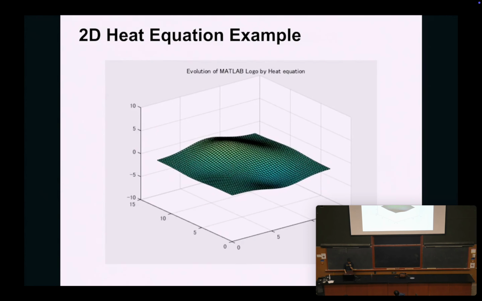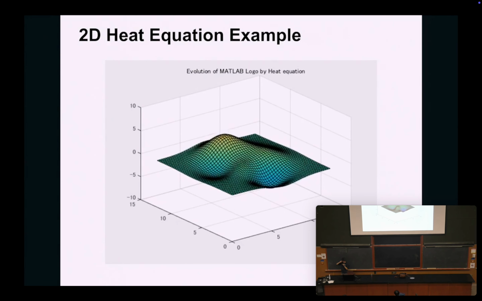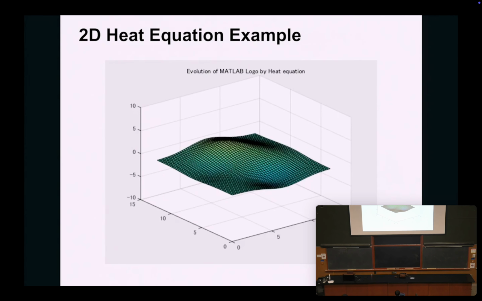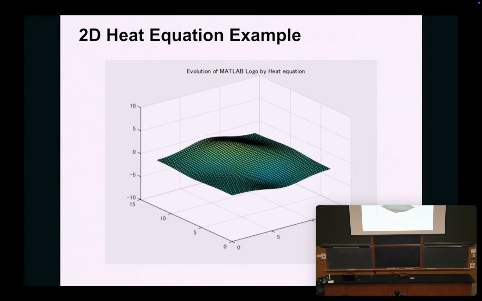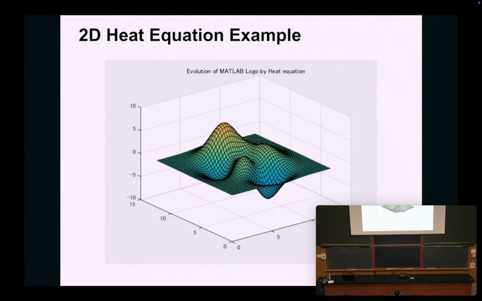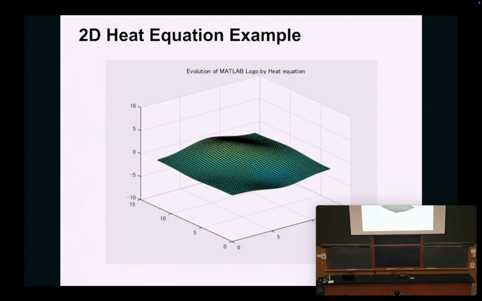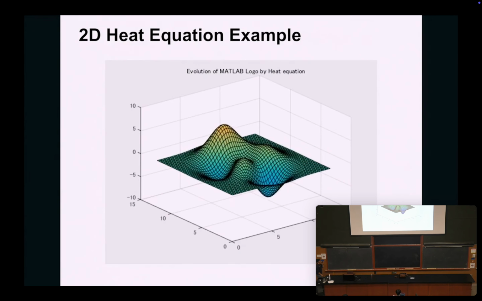Okay, so we could extrapolate this to higher dimensions. Instead of a rod that we heated up, this is more like a plane. It starts off really perky, and then it becomes flat. We just do the same thing, really.